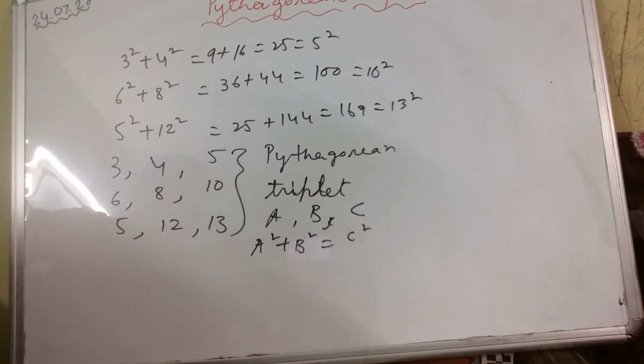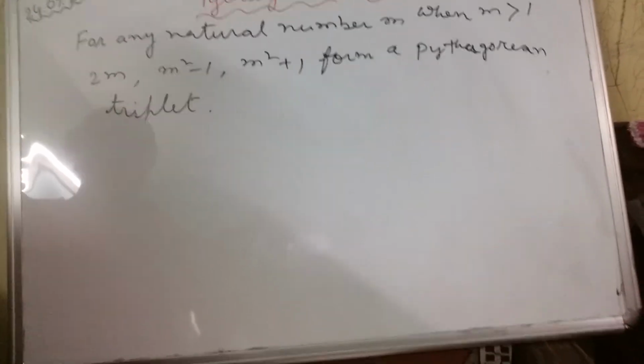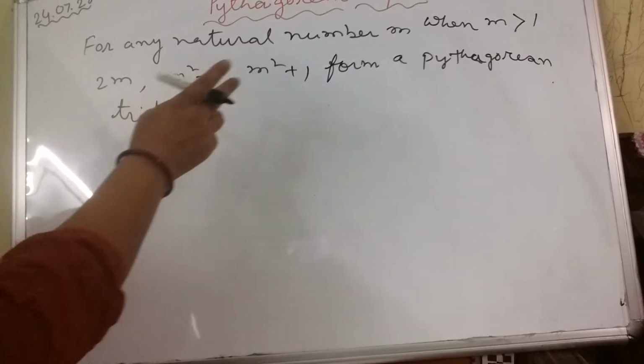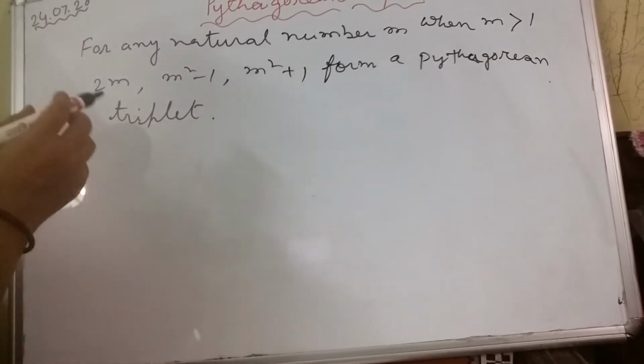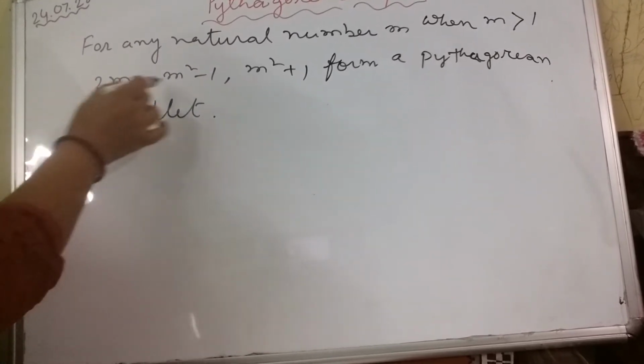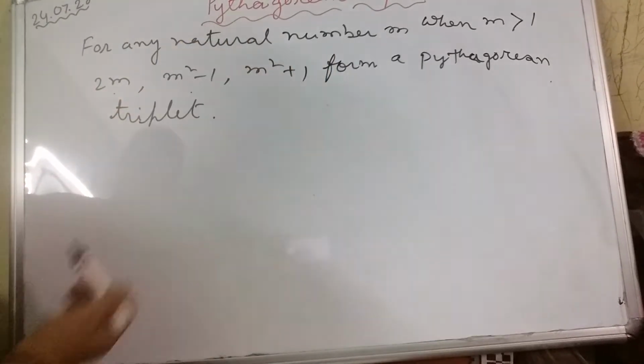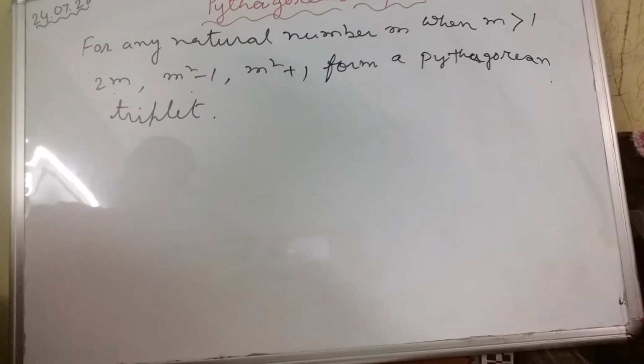Okay. Now we will learn how to find a Pythagorean triplet. Say for any natural number m, when m is greater than 1, 2m, m square minus 1 and m square plus 1 form a Pythagorean triplet.